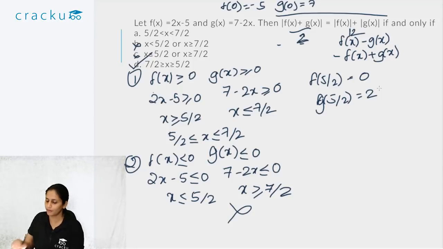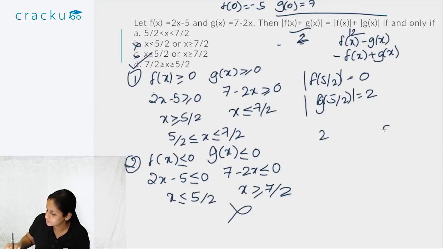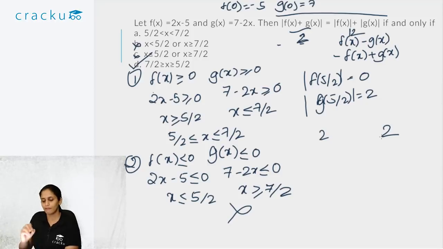So f of x plus g of x, if you just add these two together, you always get 2. So this would be 2, and the right hand side would be the sum of modulus of f of 5 by 2 and modulus of g of 5 by 2. This again also would be 2. So x equal to 5 by 2 satisfies the given equation. Therefore the sign should be greater than or equal to 5 by 2. Therefore the answer should be D.